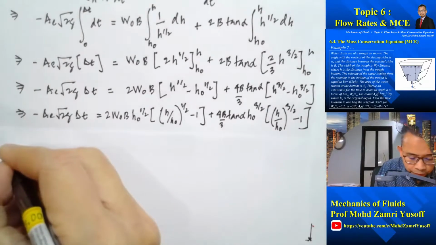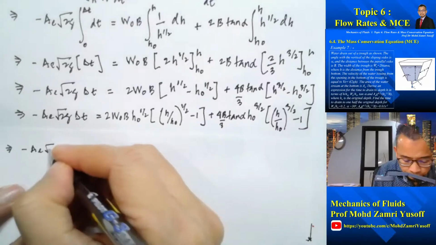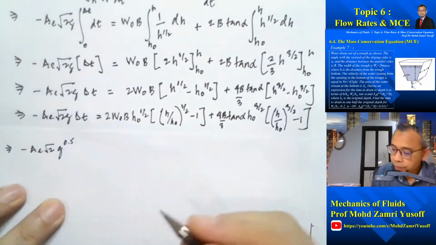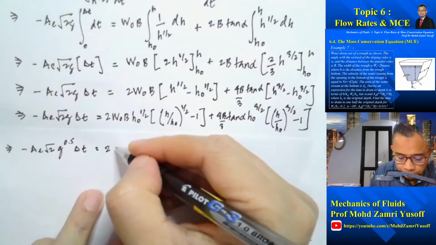So I can rearrange a little bit more. Minus ae root 2 g to the power of 0.5 delta t, and this is equal to 2b.